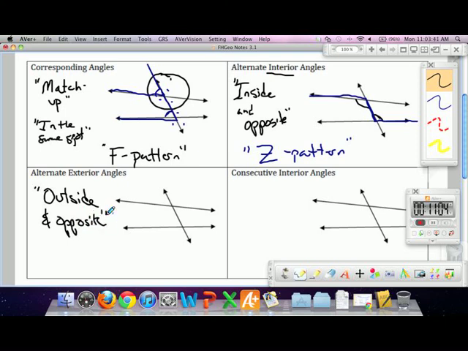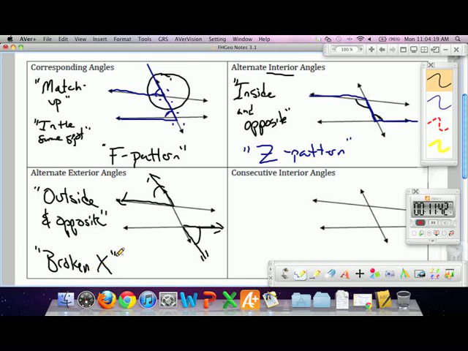You could have this pair, and then its opposite and outside partner would be like this pair. I don't know what you want to call it. I've called this in the past the broken X. There's not really a good letter for this one. Outside and opposite is how I remember it. I think about an X that's been split up, maybe.